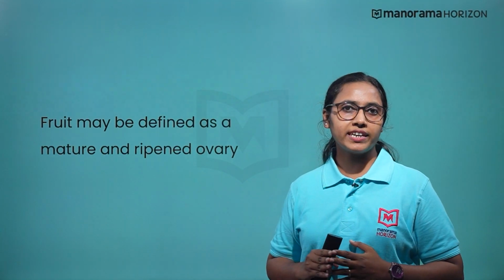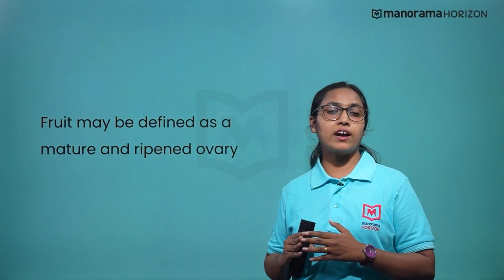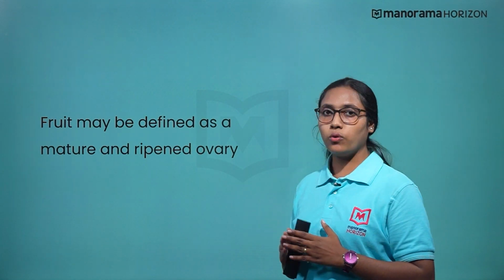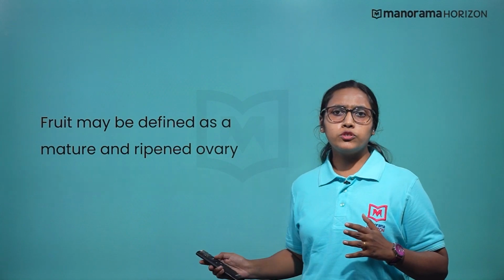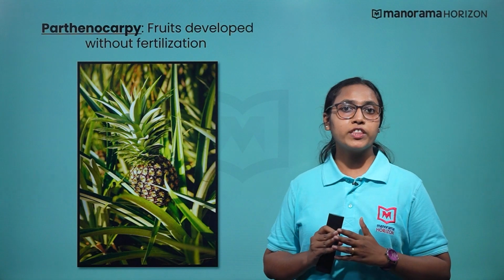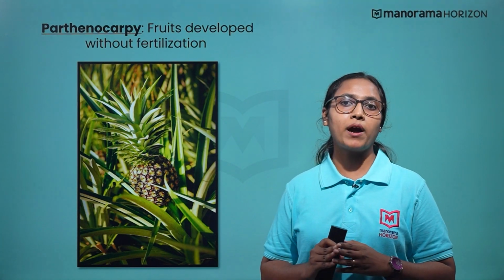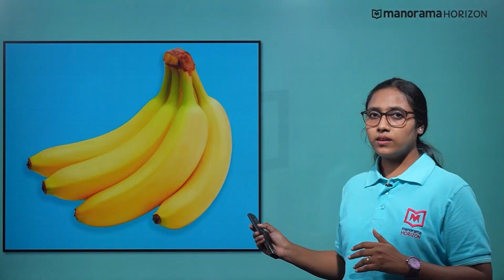The fruit is the characteristic feature of flowering plants, which is a ripened or mature ovary. Do you think it is possible to develop fruits without fertilization? Yes. Fruits like pineapple can develop without fertilization, and this type of fruit is called parthenocarpic fruit.